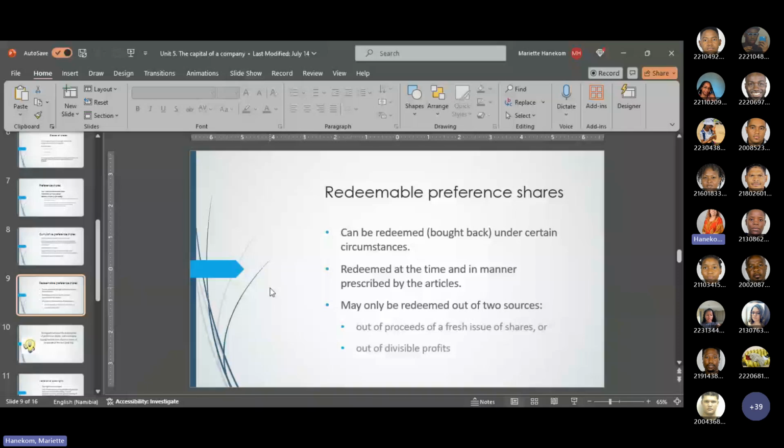So if the company needs to redeem its preference shares, at the same time or just prior to that, it must issue new shares, so that the money that shareholders pay for the new shares is paid out to the old shareholders. Or alternatively, out of the divisible profits that could have been used for paying dividends. Now they will not pay dividends, but they will use that money to pay the holders of redeemable preference shares.